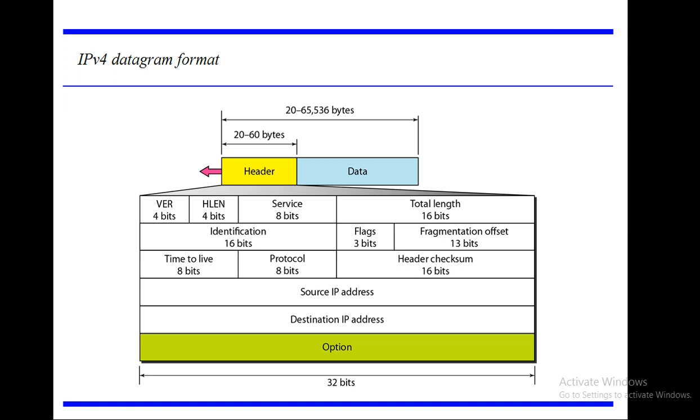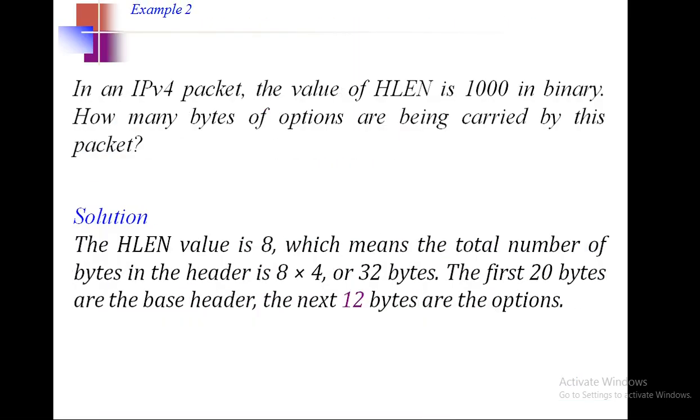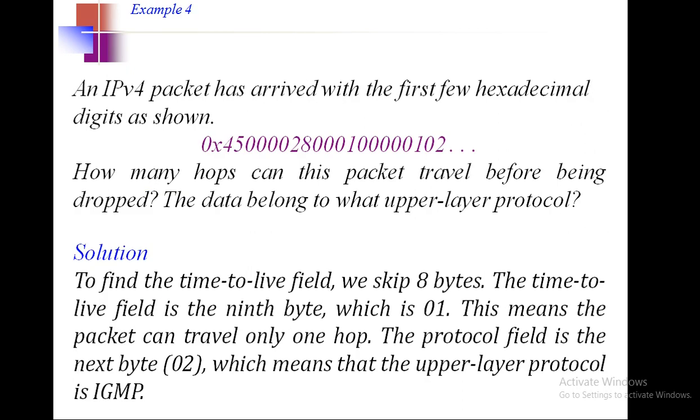So version 4 bits, header length 4 bits, so that is 1 byte, service 8 bits, 2 bytes, total length 16 bits, so 4 bytes. Next identification 16 bits, so another 4, 4 plus 4 will be 8, and next is flags 3 bits plus fragment offset 13 bits. So all these things will be skipped, and directly you have to skip 8 bytes.